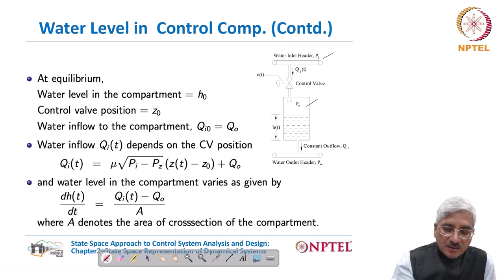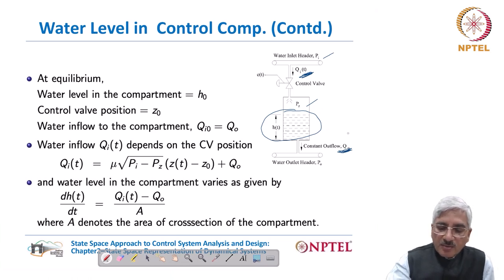Ahead, we see that the rate of change of liquid level in the tank will be essentially due to unbalance between the inflow and the outflow. So many cubic meters per second entering the compartment, so many cubic meters per second going out of the compartment.